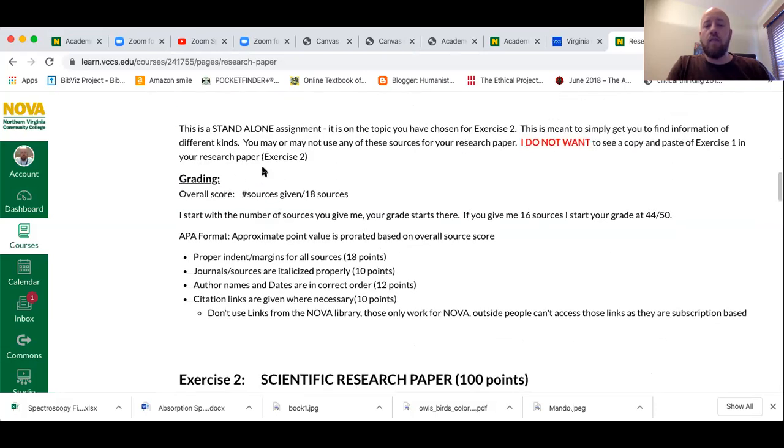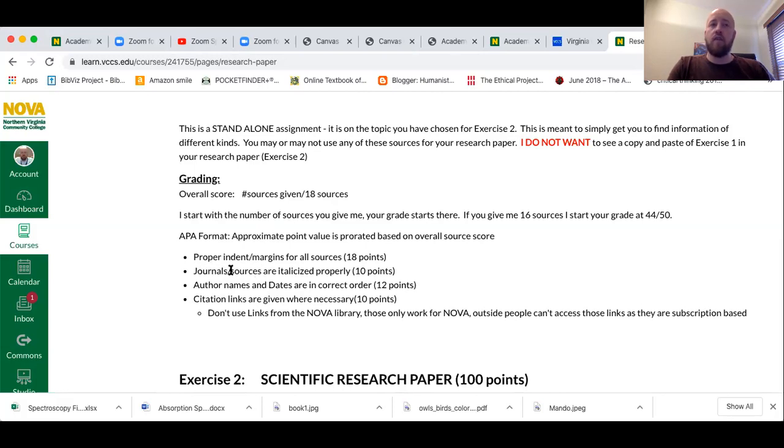So again, for the grading here, I'm looking for the 18 sources to start with. If you have 16 sources, I start your percentage at 16 out of 18 before I even start looking at the rest of the formatting. Things that I'm looking for are that you're following the proper format.